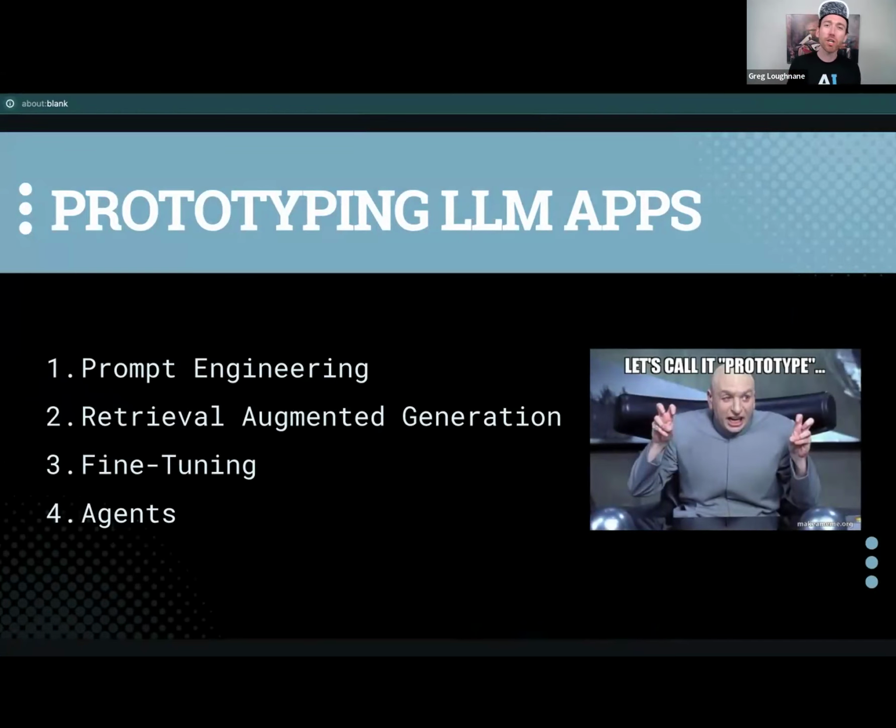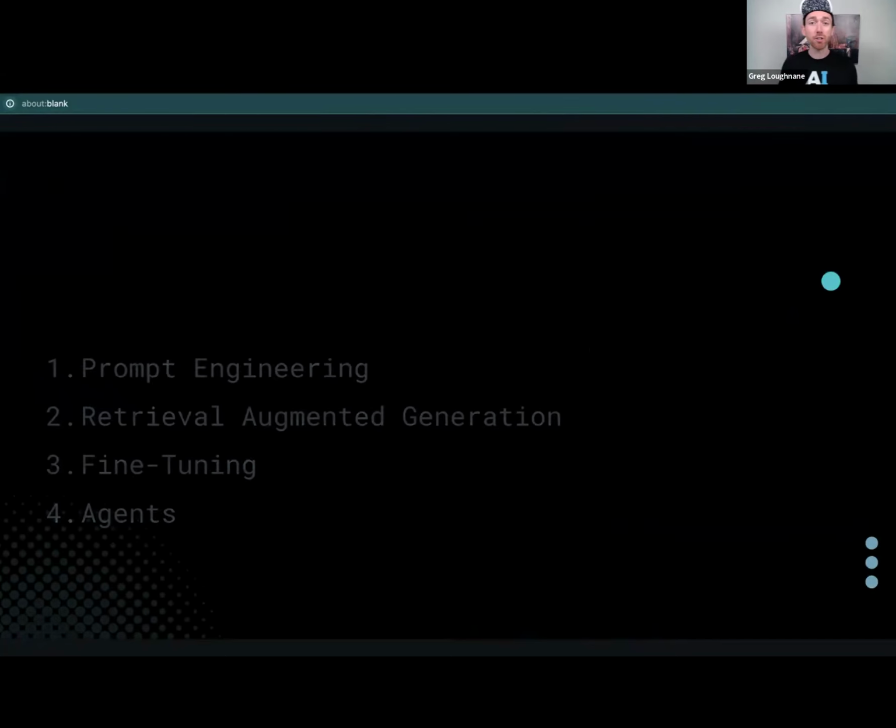You should walk your way through prompt engineering, RAG, fine-tuning, and maybe add some reasoning to your applications in this order. Generally, you're starting off prompting as far as you can go.